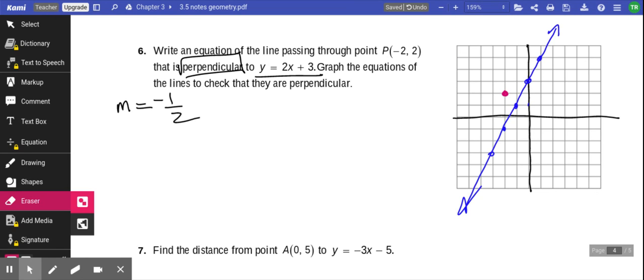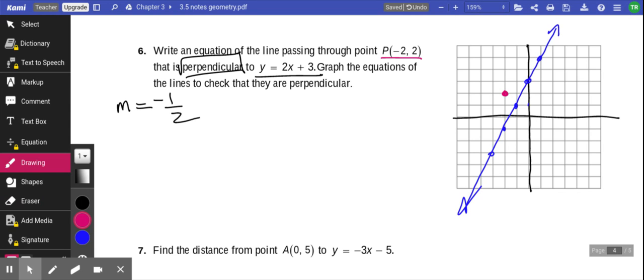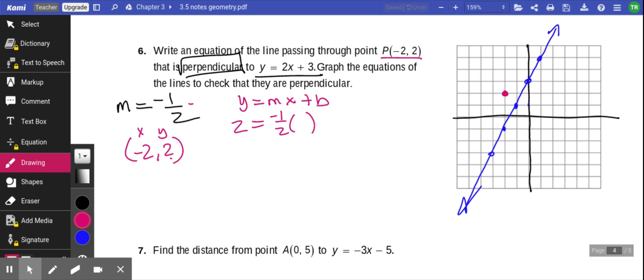Okay, so I have a slope. I have a point. My point is -2, 2. So this is my x and my y. So I use y equals mx plus b. So my y is 2. My m is -1/2. My x is -2, plus b. So 2 equals 1 plus b.